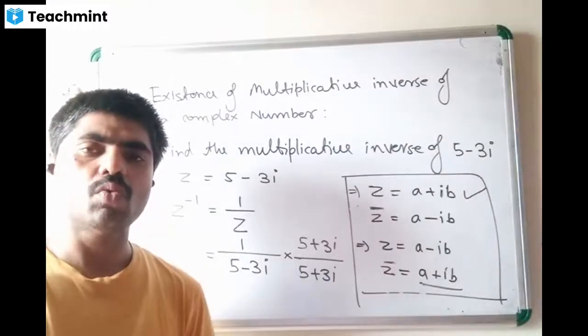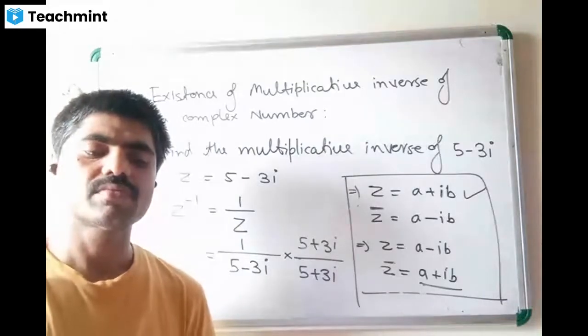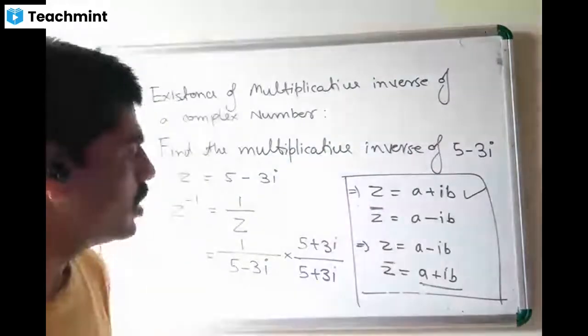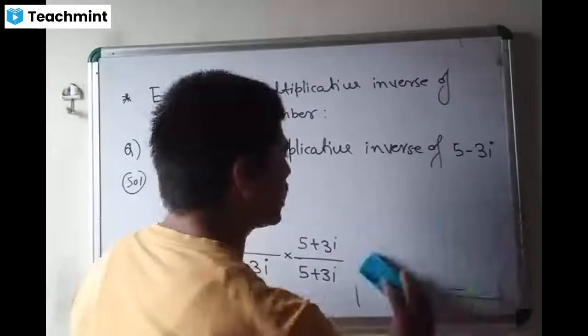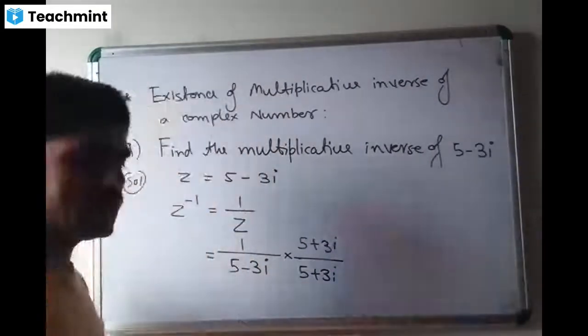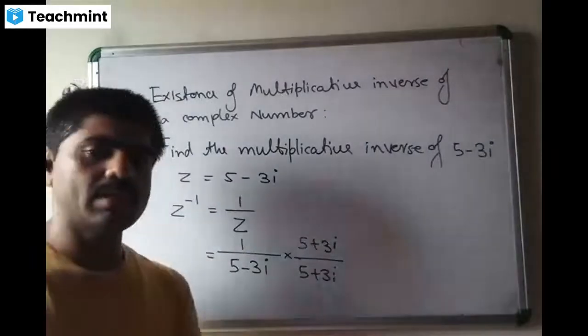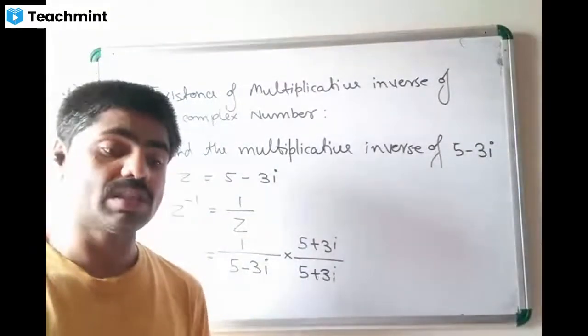Yes, sir. Okay, so now come to the point, beta. You will multiply by its conjugate in the numerator and the denominator. And I will tell you afterwards some more properties of the conjugate of a complex number, beta.